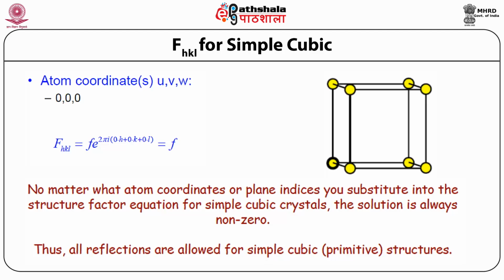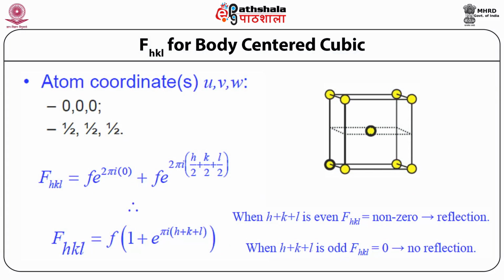F(HKL) for body centered cubic. Here we are going to calculate the structure factor of a slightly different structure. It is also a simple cubic structure like the earlier one, but there is one extra atom at the center.